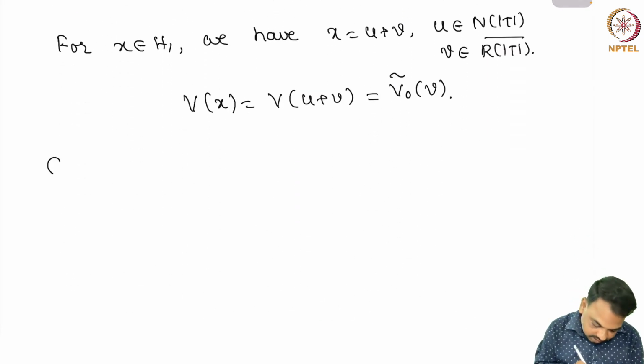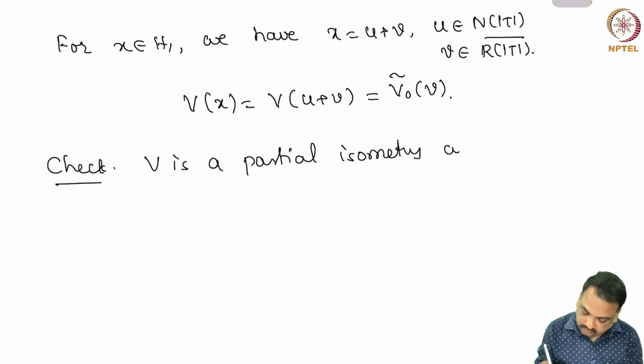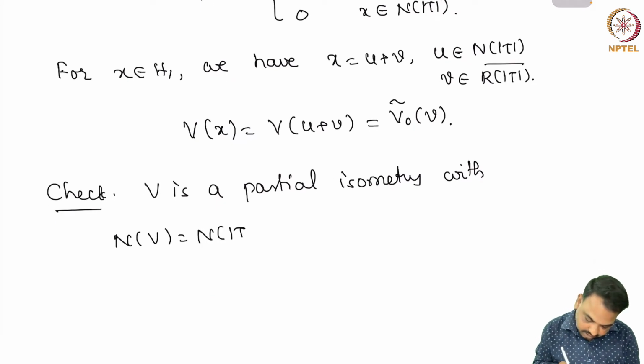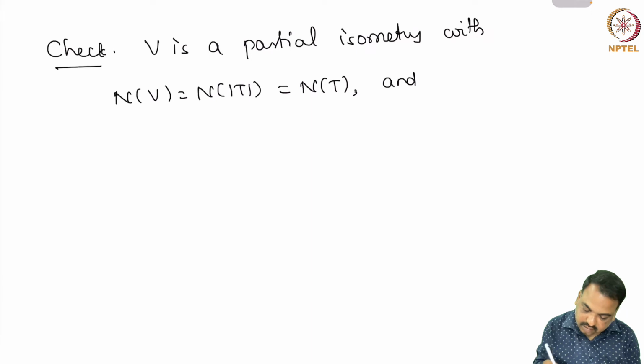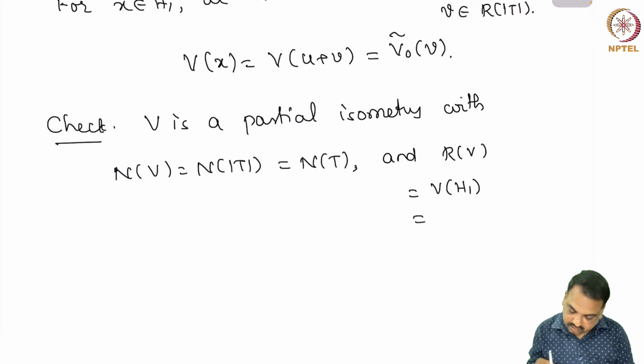So we can easily check that V is a partial isometry, with null space of V exactly null space of mod T, and that is exactly null space of T, and range of V is nothing but V of H1, which is mapped to range of T closure.